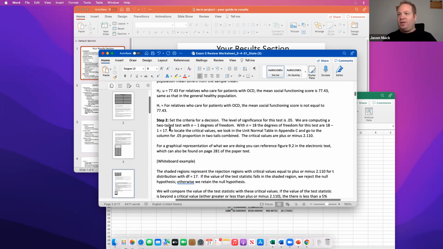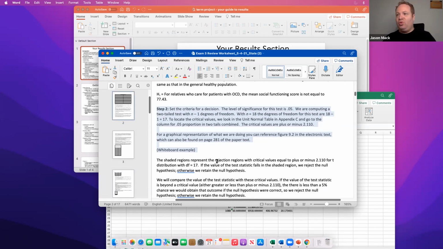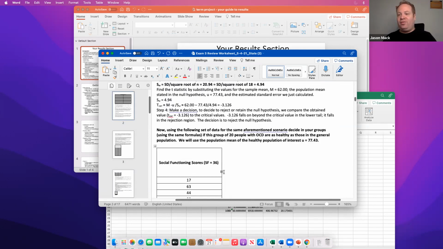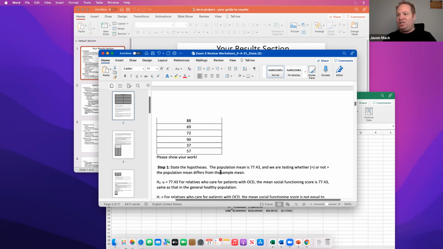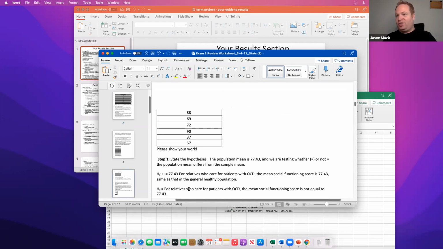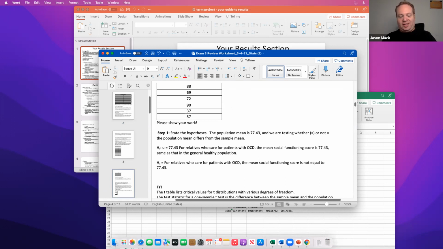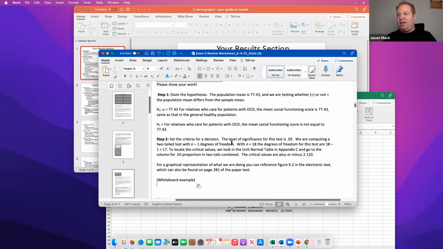We're computing the two-tailed test with n-1 degrees of freedom. So the critical value is going to be exactly the same. It's exactly what we just looked up for step 2, because the number of values did not change. It's still 18, so the degrees of freedom is still 17. That's literally the same exact steps, going back to our unit normal table, same critical value.